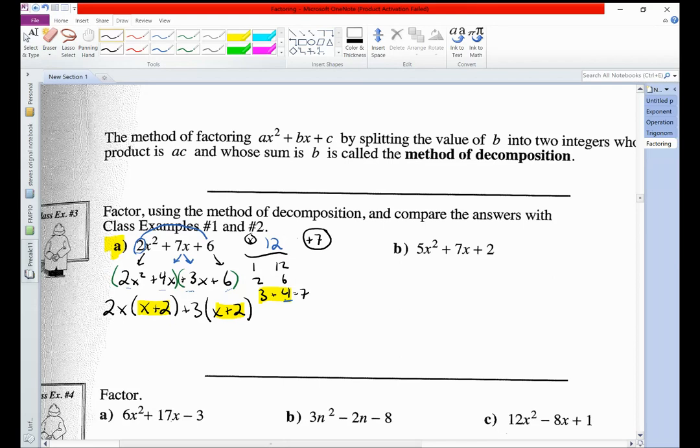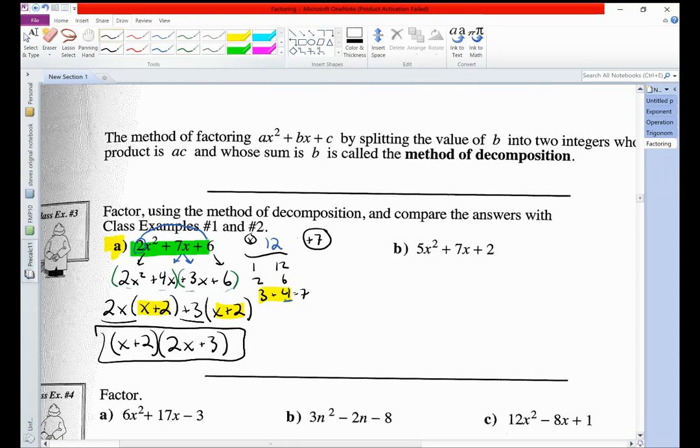So now that will be one of our factors, x plus 2, and the second one will be what's left, 2x plus 3. And those are our two factors. If you wanted to double check, you could FOIL that back out, and it should FOIL out to our original trinomial.